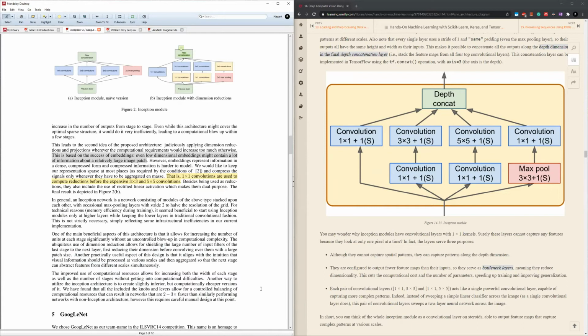If you come in with 28 by 28 by 256 and pass it through a 1x1 conv of, let's say, 64 filters, your output, if the padding is same, would change from 28 by 28 by 256 to 28 by 28 by 64. So your 256 depth channels have been linearly combined with learnable parameters into 64 channels. That's what the 1x1 is called.